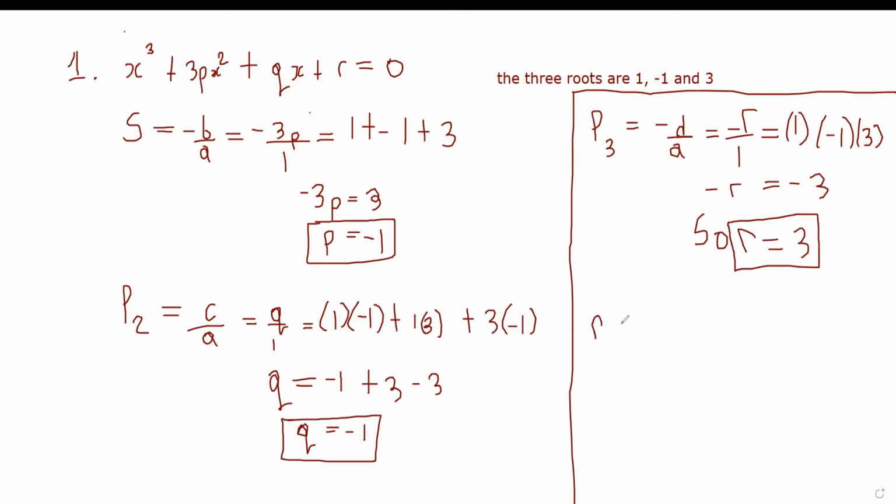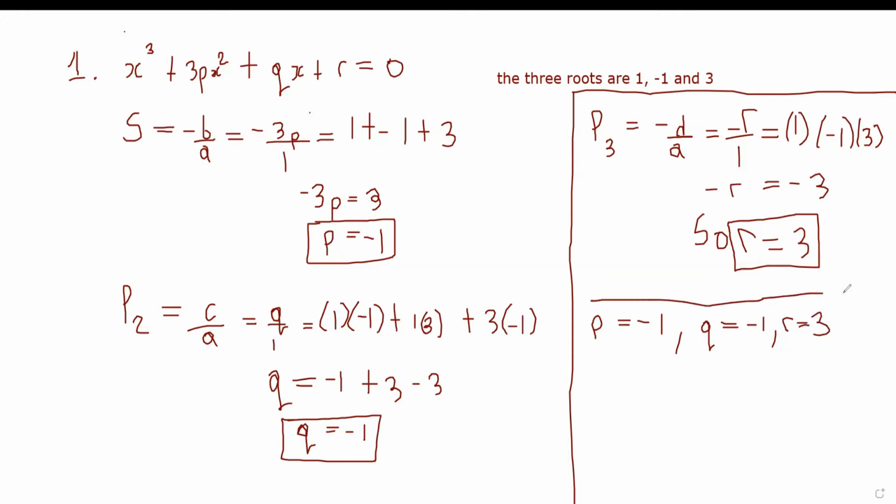So therefore, p is equal to -1, q is equal to -1, and r is equal to 3.